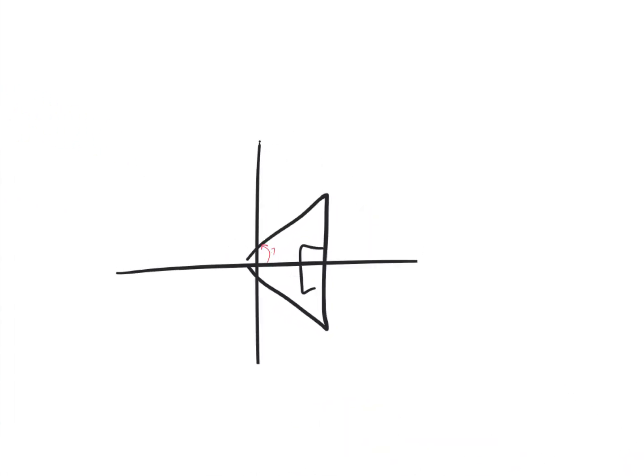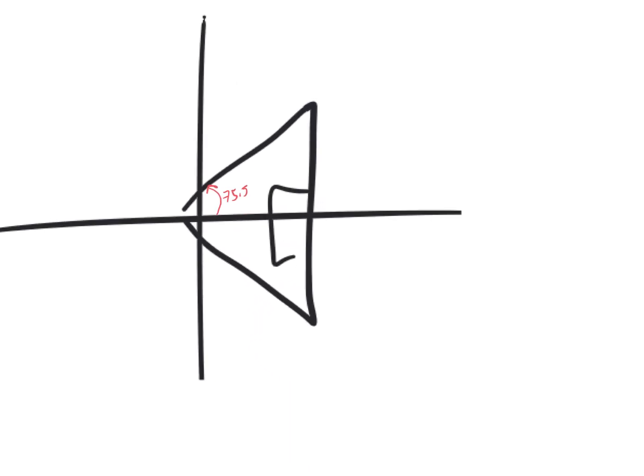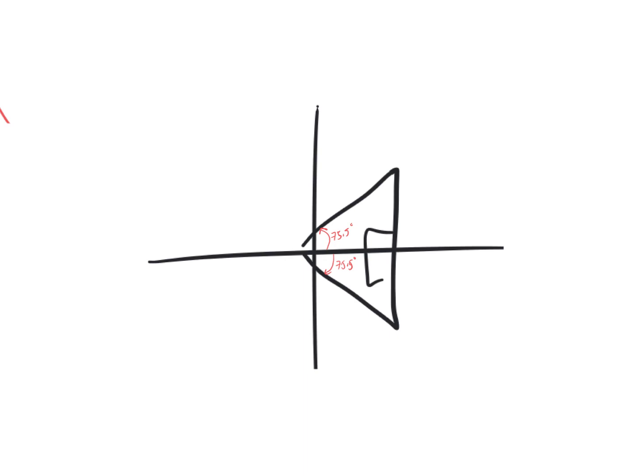That's 75.5. Now what that means is that we're going 75.5 down in this direction as well, right? So in the case of this, it would be 360 minus that, because the first angle is right here, and the second angle that we're trying to figure out is the angle that starts here and then goes all the way around and ends up there.